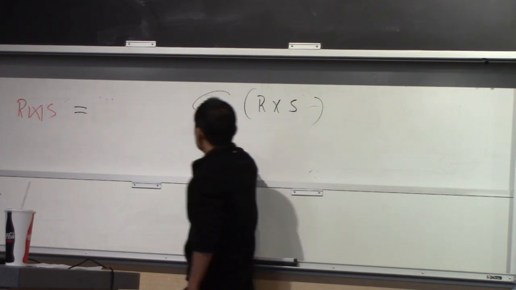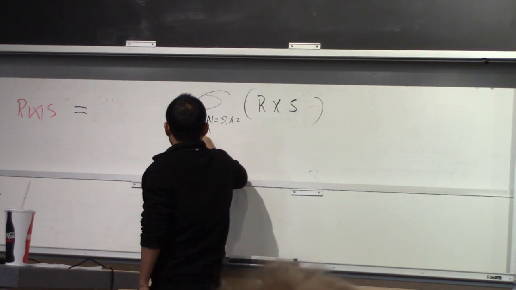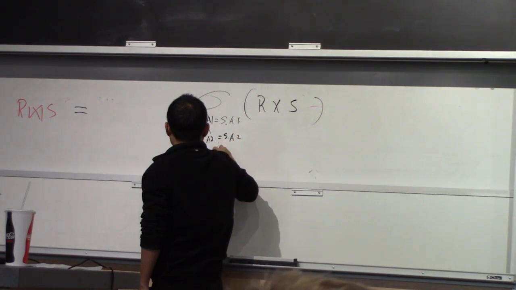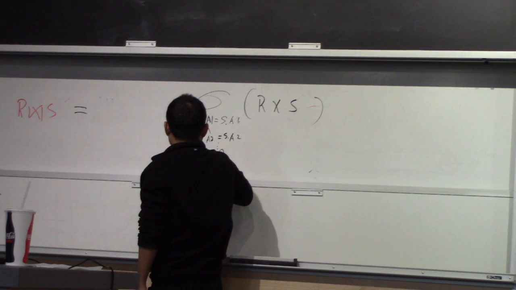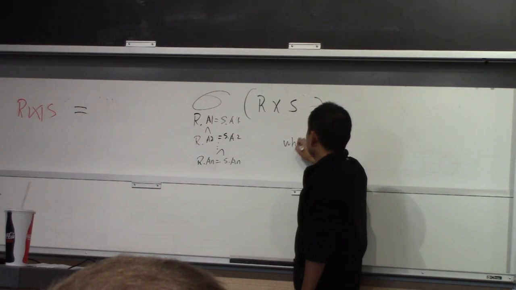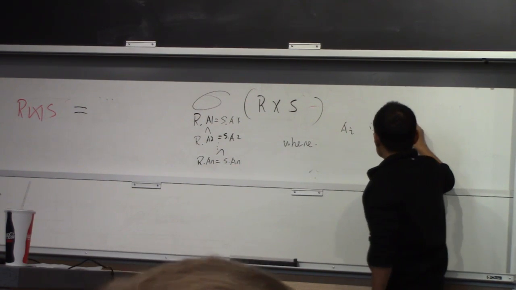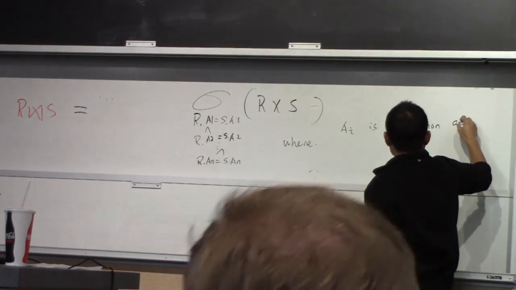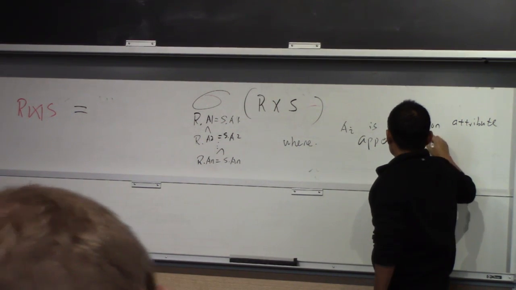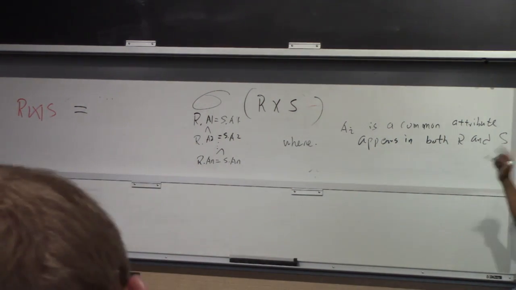The selection will be where, if a common attribute appears in both R and S. Ai is a common attribute appearing in both R and S.